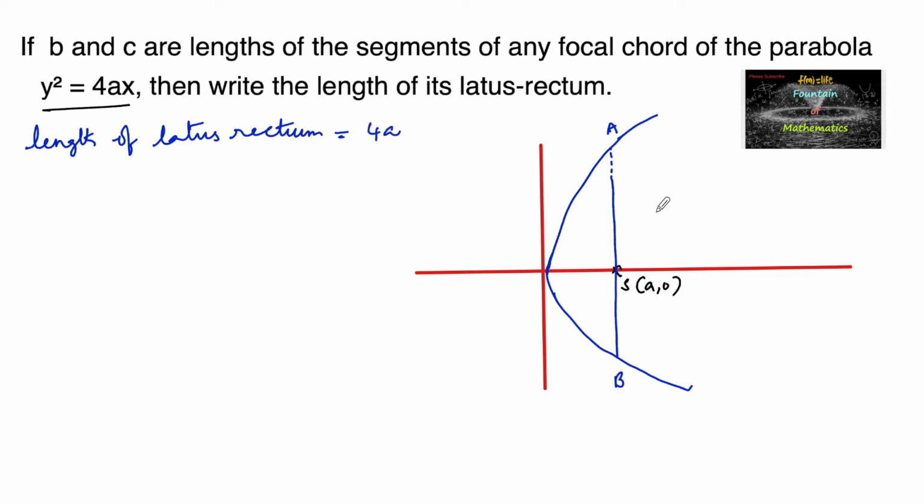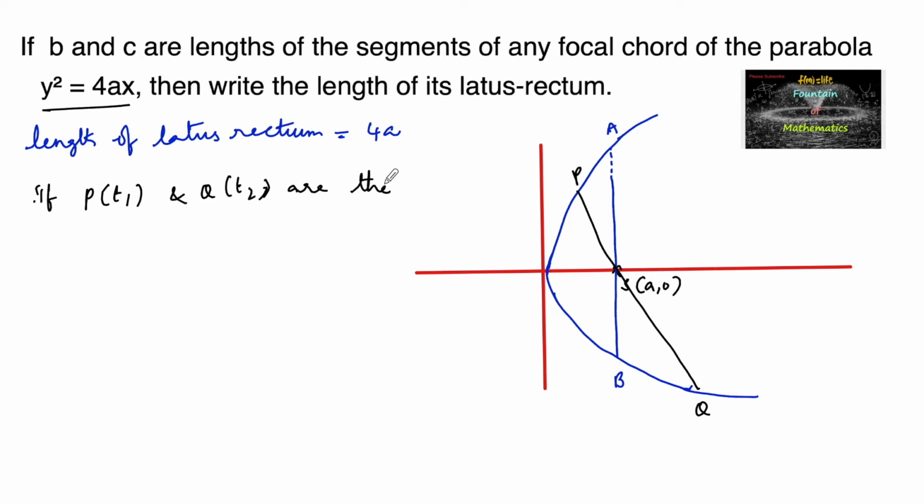Now let us consider PQ is a focal chord. We know from the properties of a focal chord that if P(t1) and Q(t2) are the ends of a focal chord, then t1 t2 is equal to minus 1.